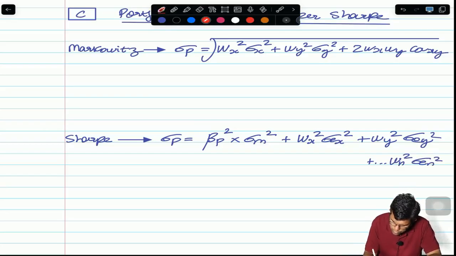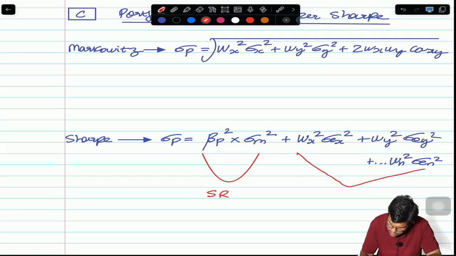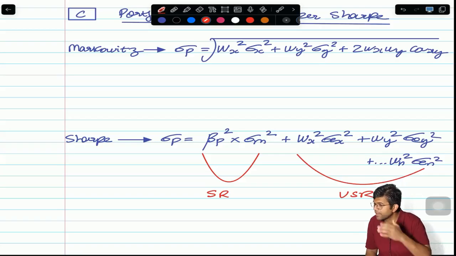This first part is systematic risk, and this part is unsystematic risk. Okay, I'll explain, don't worry.